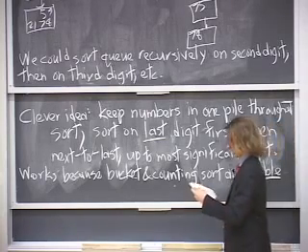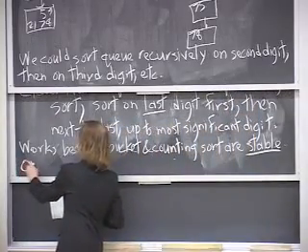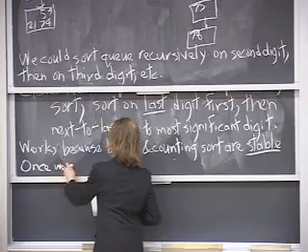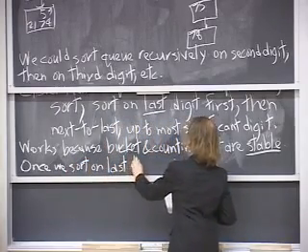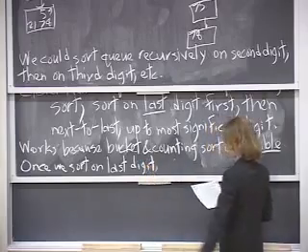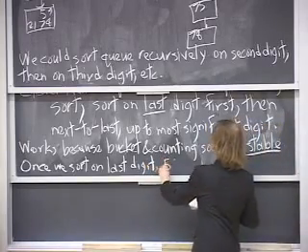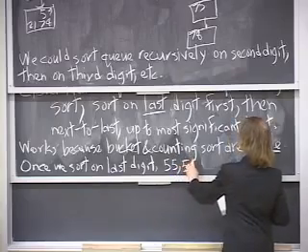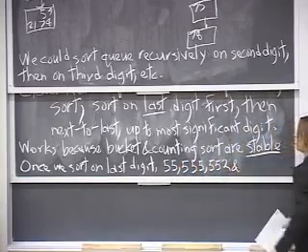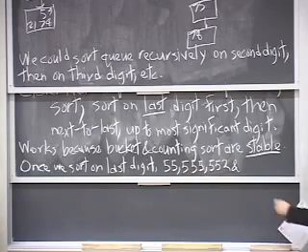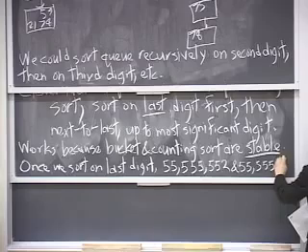So again, once we sort on the last digit, then the number 55,555,552 is sorted before the number 55,555,058.